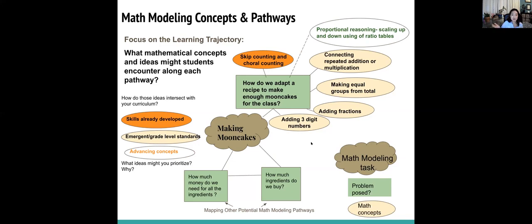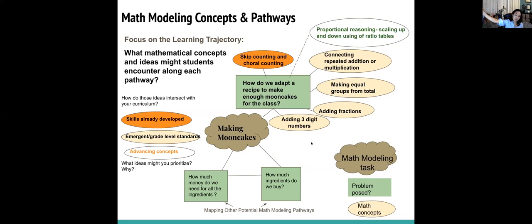In doing this kind of concept map, we were able to look at some of that vertical learning trajectory. Like what are some of the skills that students already have, like skip counting and choral counting, because we saw kids skip counting by fractions, but what are some emergent grade level standards in third grade? Repeated addition and connections to multiplication, this idea of fractions, adding 3-digit, multi-digit numbers, right?